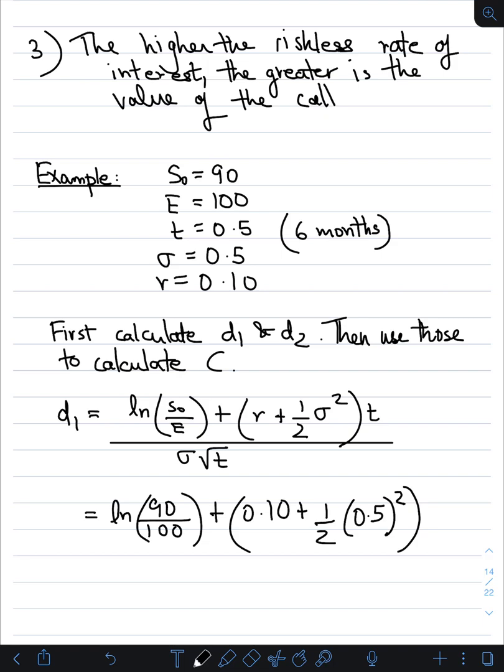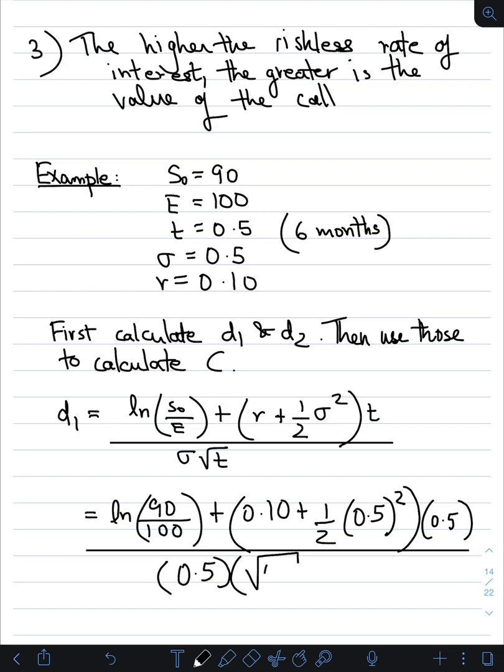So T is equal to 0.5. So we're going to write that out, and the whole thing is divided by sigma times the square root of T. Okay, so sigma is still 0.5, and the square root of T is the square root of 0.5. Okay, and if you were to calculate that, you would end up with a value of about 0.02.